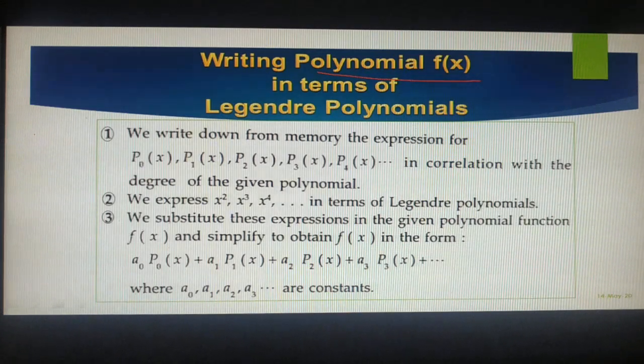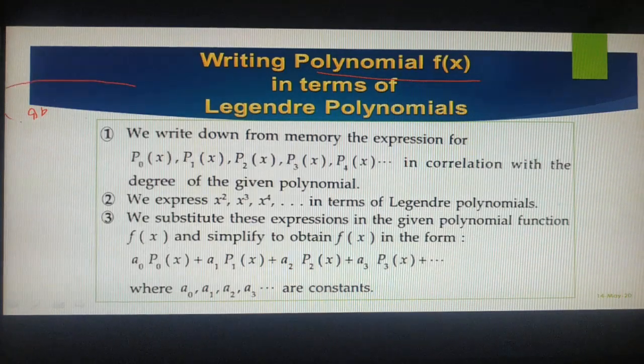This is also some polynomial, a quadratic polynomial. Maybe up to order 3 you can expect, like ax cube plus bx square plus cx plus d, up to third order polynomial.